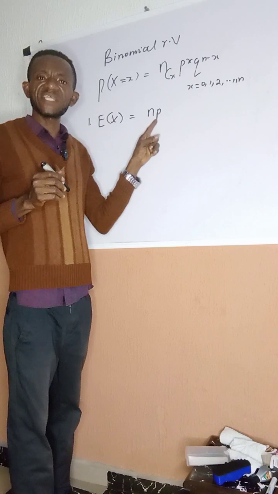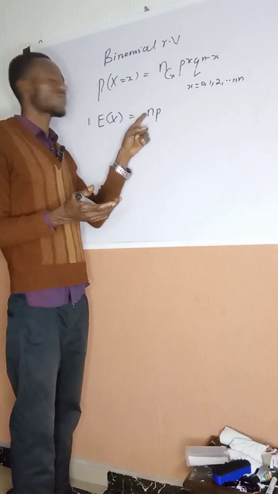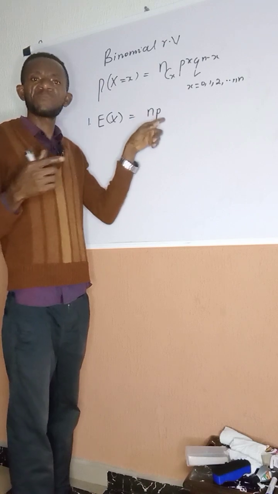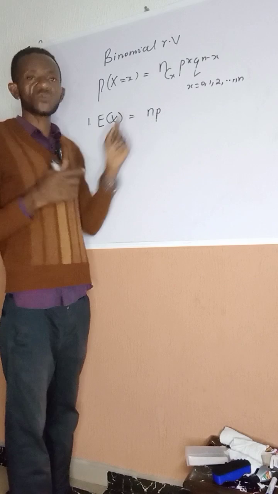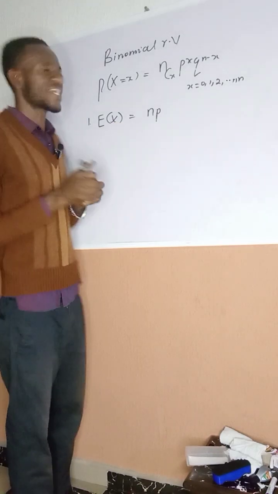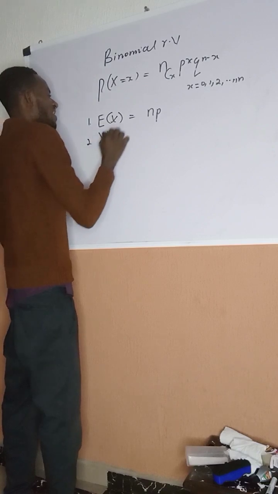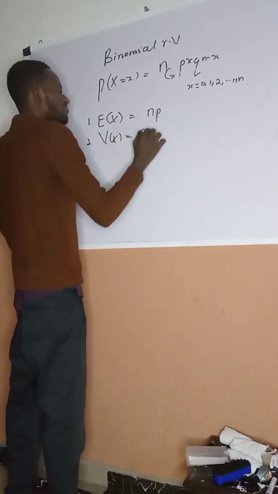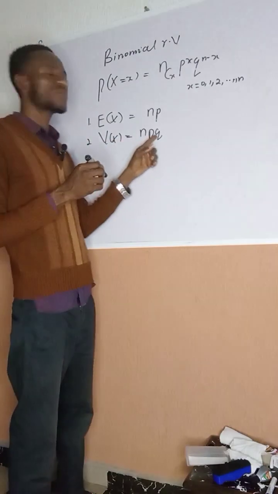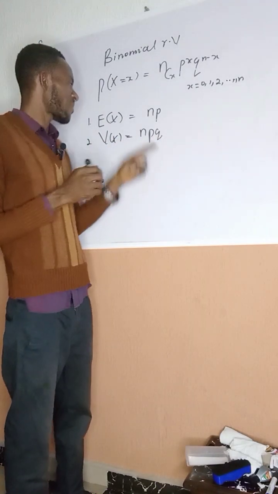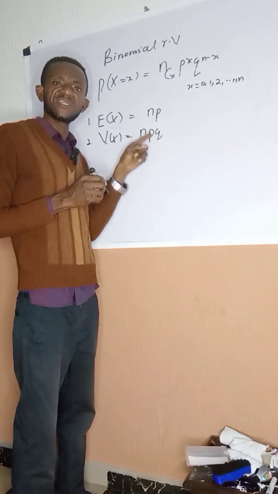But this time around, Bernoulli has been repeated n times, so you are talking about the product of that repetition multiplied by the probability of success, np. That is the expected value. And then number 2, the variance of X is given as npq. In the Bernoulli, it was just pq. So this time it is the product of the number of trials, p, and q.